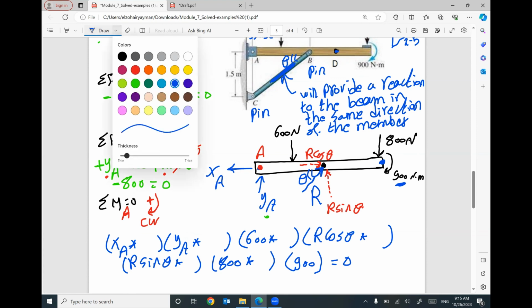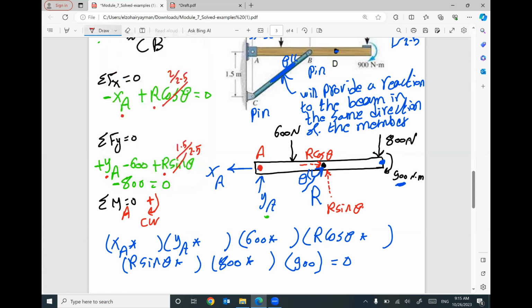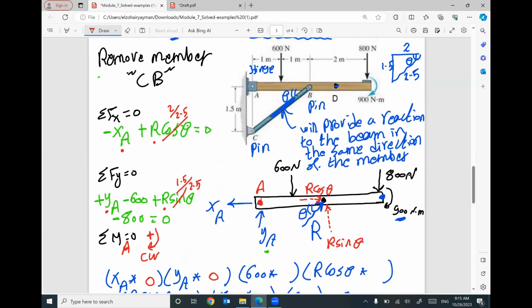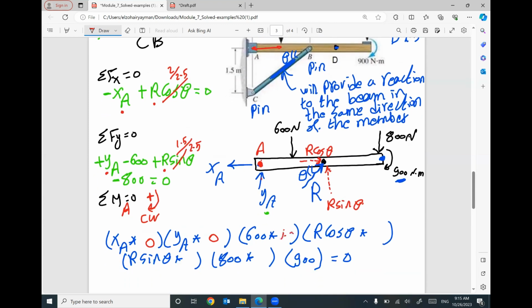Let's say we are sitting at A. So the distance between XA and A, 0. YA and A, 0. Between 600 and A, I think this distance equals 1 meter. R cosine theta here and A, 0.